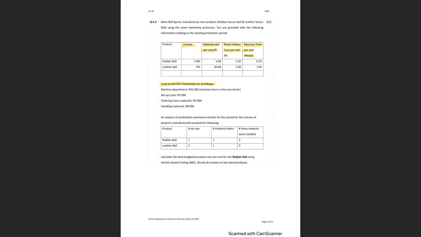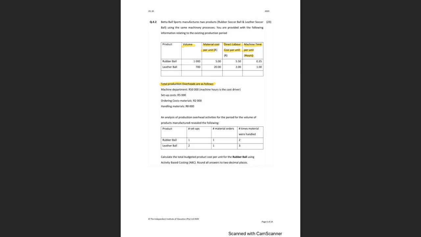They've given you the costs of each of these different activities or cost pools. Then they said to you an analysis of production overhead activities for the period for the volume of products manufactured revealed the following. It was the number of setups, the number of material orders, and the number of times that material was handled. Calculate the total budgeted product cost per unit for rubber ball using the ABC method and round all your answers off to 2 decimal places.